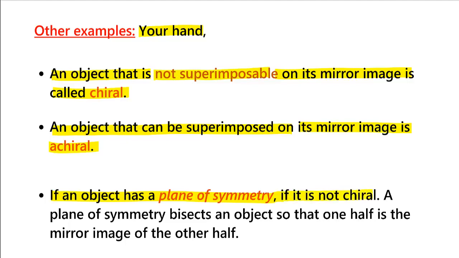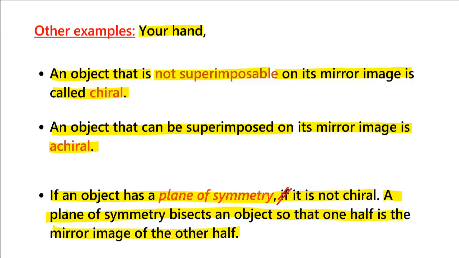If an object has a plane of symmetry, it is not chiral. Because if you have a plane of symmetry, this means the objects are superimposable, left and right are mirror images of each other. A plane of symmetry bisects an object so that one half is the mirror image of the other half.